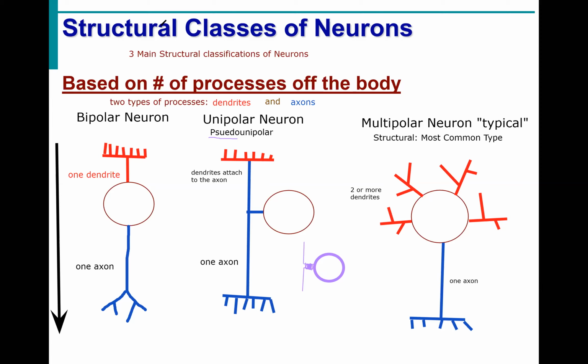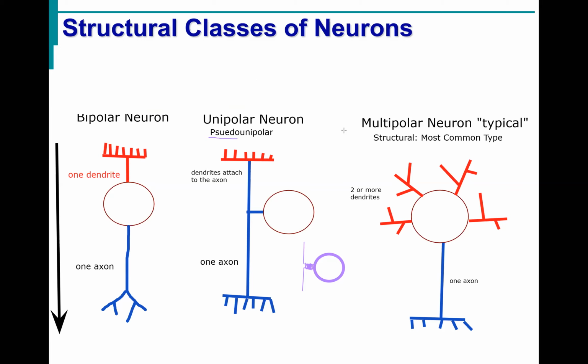And while we're here, I'm going to take this and take this, and then hide all of that, so that we can also talk about, and we'll use green, the functional classifications of neurons.